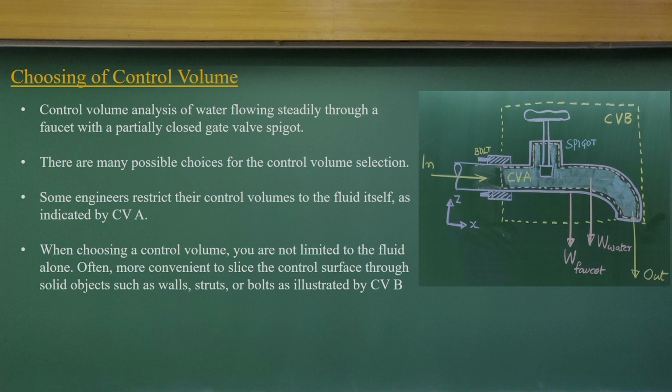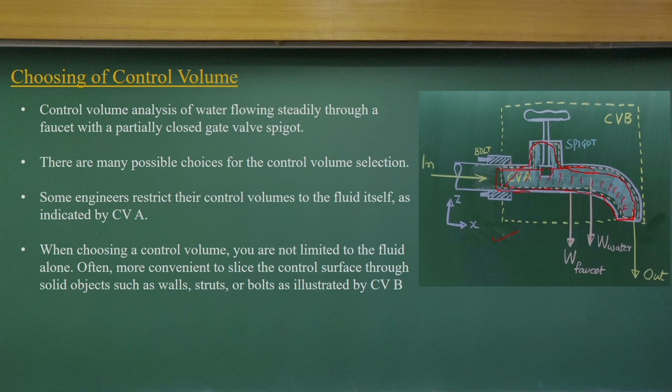For example, take this problem: water is coming in, there is a bolt holding the water outlet point, and there is the spigot, with water coming out. I can have a control volume, as given, CV, which is just the surface of the wall touching only the water part.